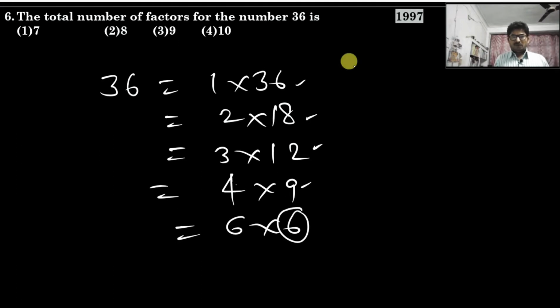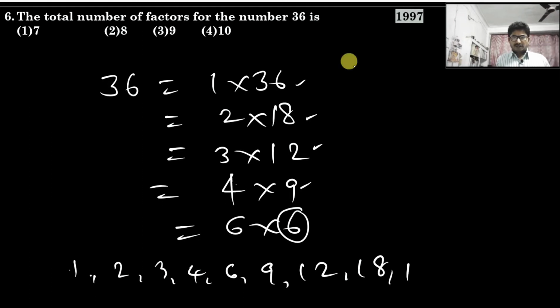Okay, we can write once: 1, 2, 3, 4, 6, 9, 12, 18, 36. So how many total? 1, 2, 3, 4, 5, 6, 7, 8, 9.